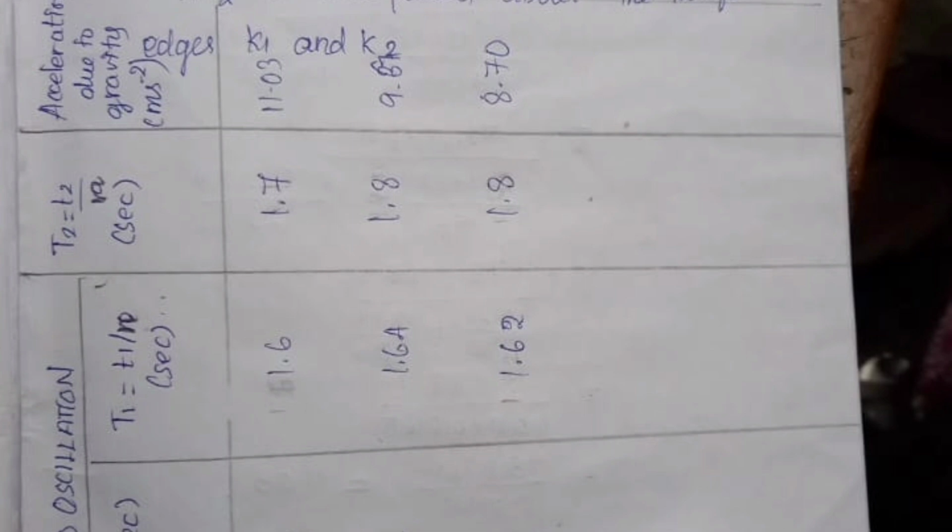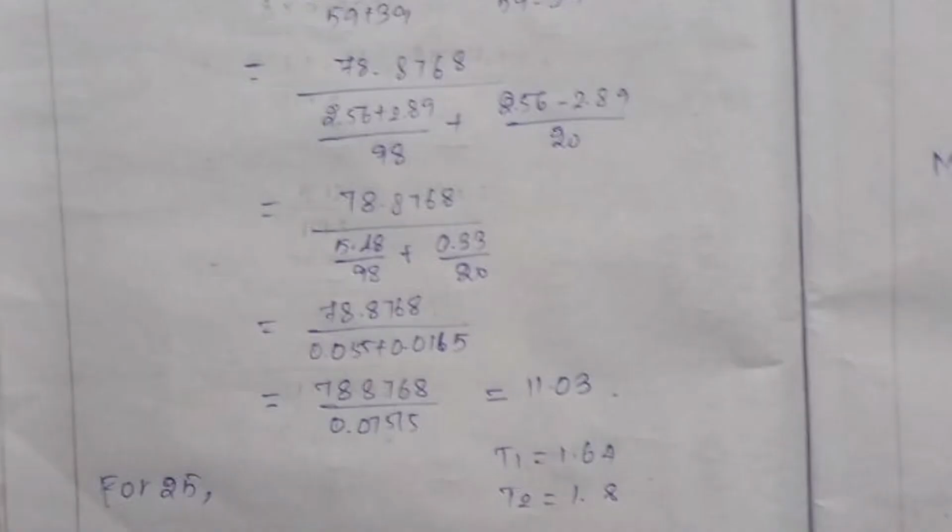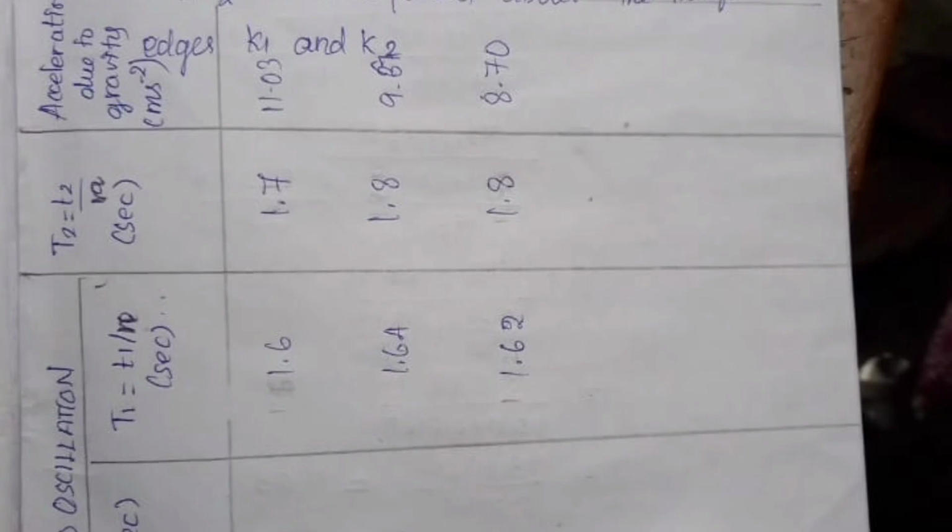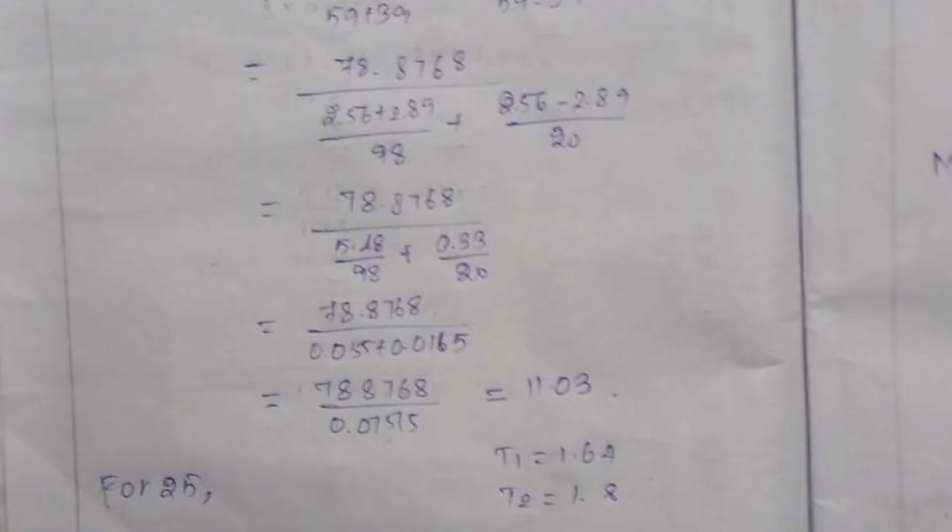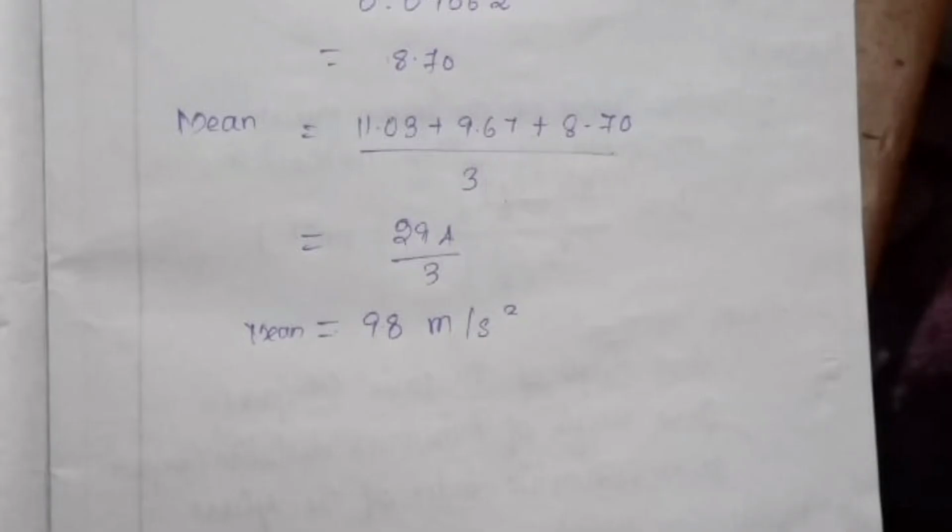Like that we can measure the g value for different T1 and T2 values. This is another method. In the second method, for 25, 15 and 20 oscillations, we calculated the g value, and the mean of these values is the exact value we obtained: 9.8 meters per second square.